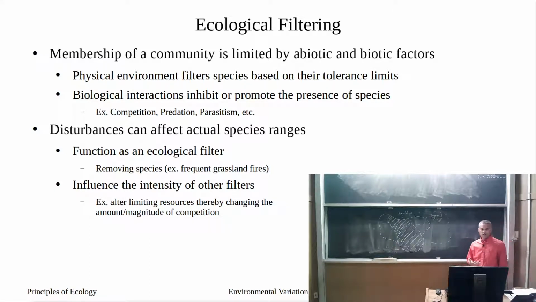Then the biological interactions will either inhibit or promote the presence of our species. Now, we didn't really talk about promotion, but perhaps some other species, maybe the food source of our species, can grow in this area.